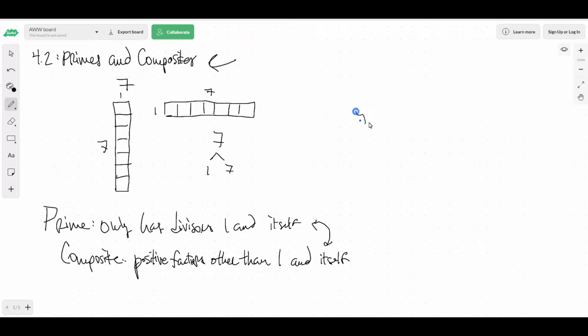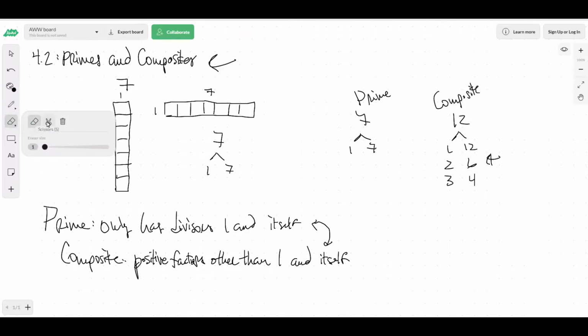And so we know that 7, 1 and 7 is prime, whereas 12, 1 and 12, 2 and 6, and then 3 and 4, this row here was all I needed to know that this was a composite value, whereas this is a prime. And, you know, we make a big deal of prime numbers.